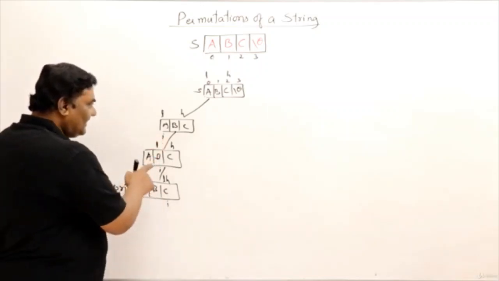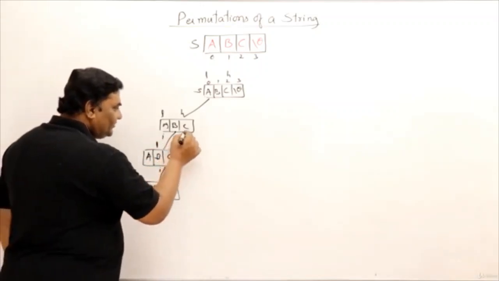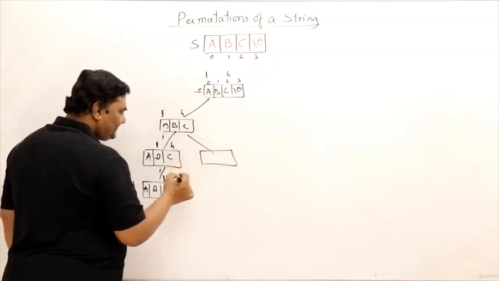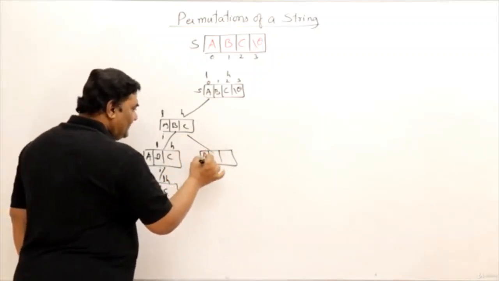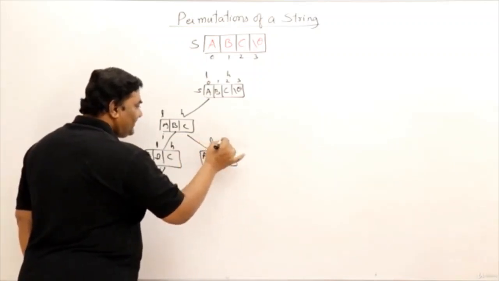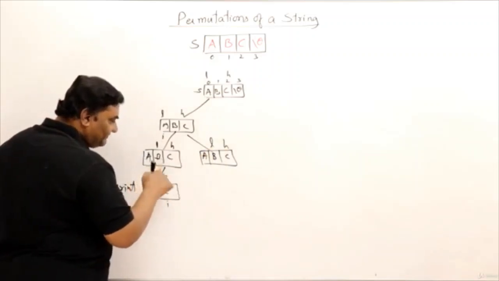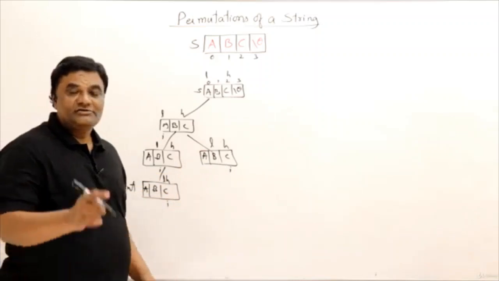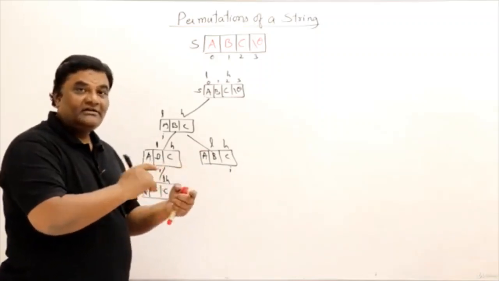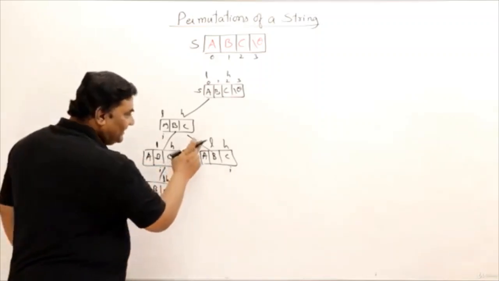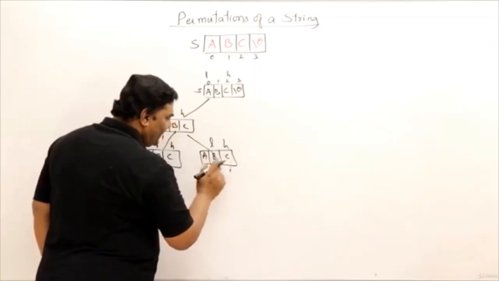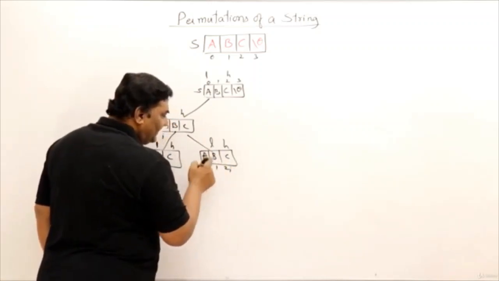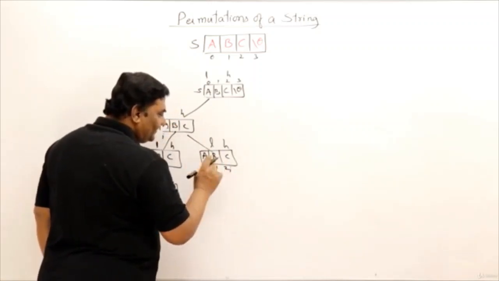In the previous call, where A, B, C, low was here, high was here, I was on this place. So now I will move to the next. What were we doing? Swapping I and L. L is at 1 and I is at 2. Interchange.